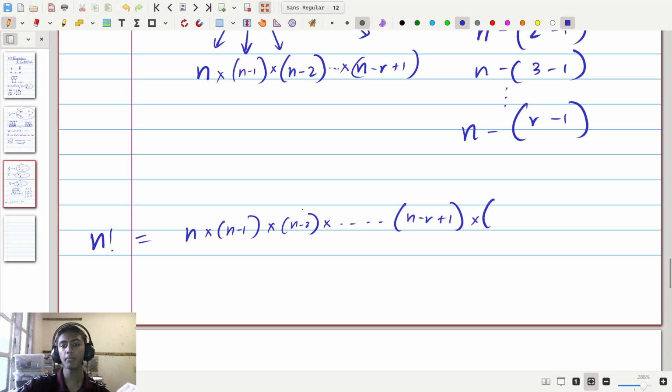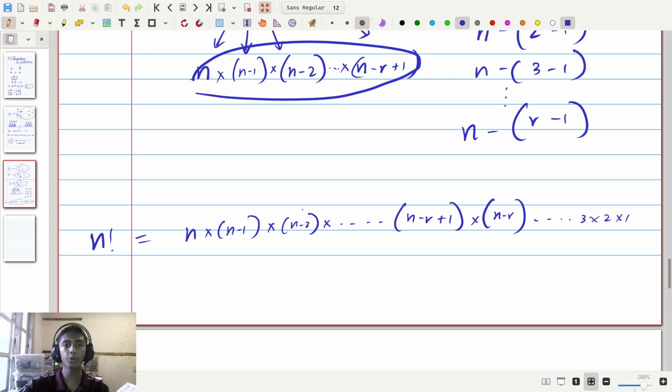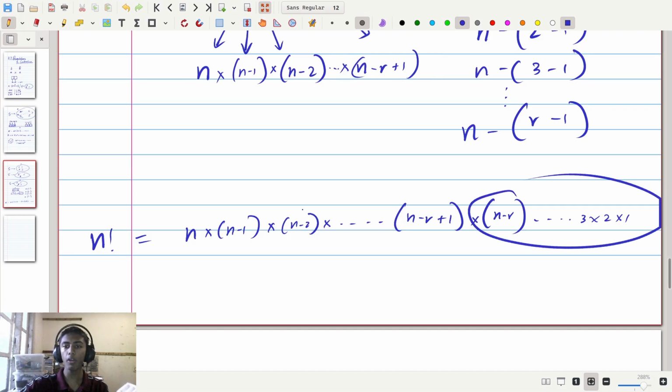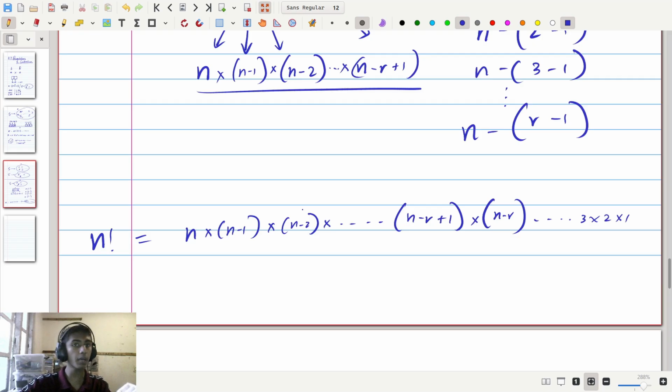It goes to n minus r and then n minus r minus 1 and so on downward until we get to 3 times 2 times 1. Now if you consider this expression for n factorial and the expression we are trying to get, you can see that all the terms after the n minus r plus 1 are not there. All of these terms do not exist in the expression for the total number of permutations of that subset. So, how do we get rid of this?